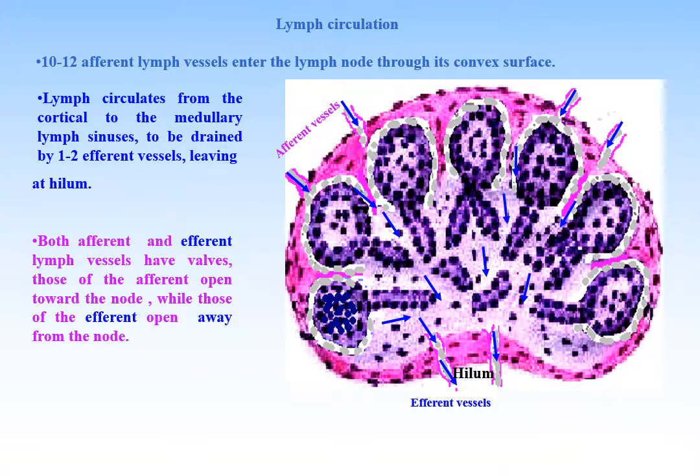Both afferent and efferent lymphatic vessels have valves. Those of the afferent open toward the lymph node, while those of the efferent open away from the lymph node.